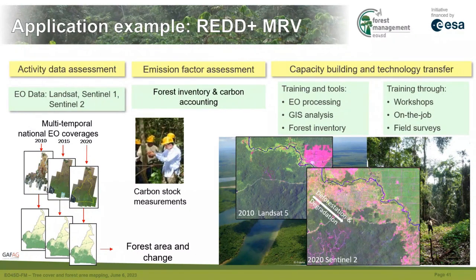And the final activity data that was derived was change in forest area. This analysis has aided in the estimation of deforestation and degradation, which in turn, in combination with the emission factors, which are derived from field measurements, have aided in the estimation of forest-related emissions. And the results of the work have been transferred through workshops, on-the-job and field service.